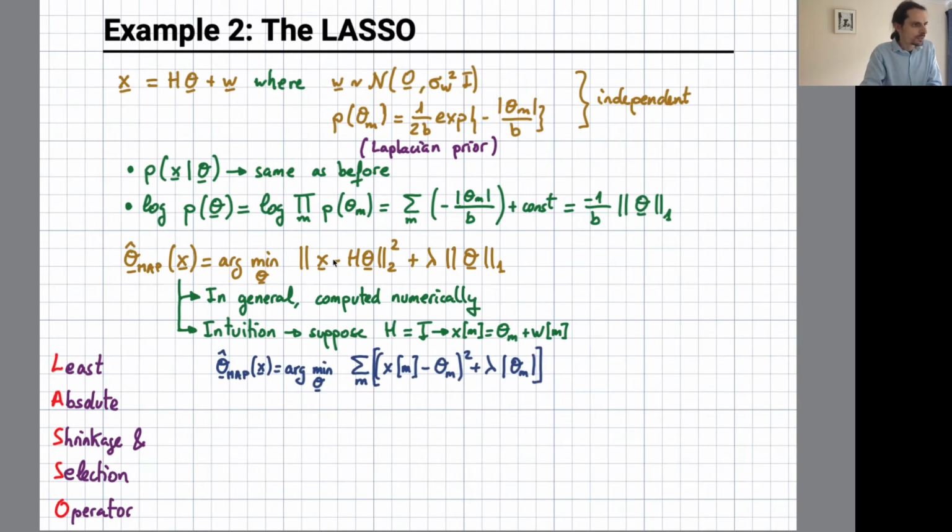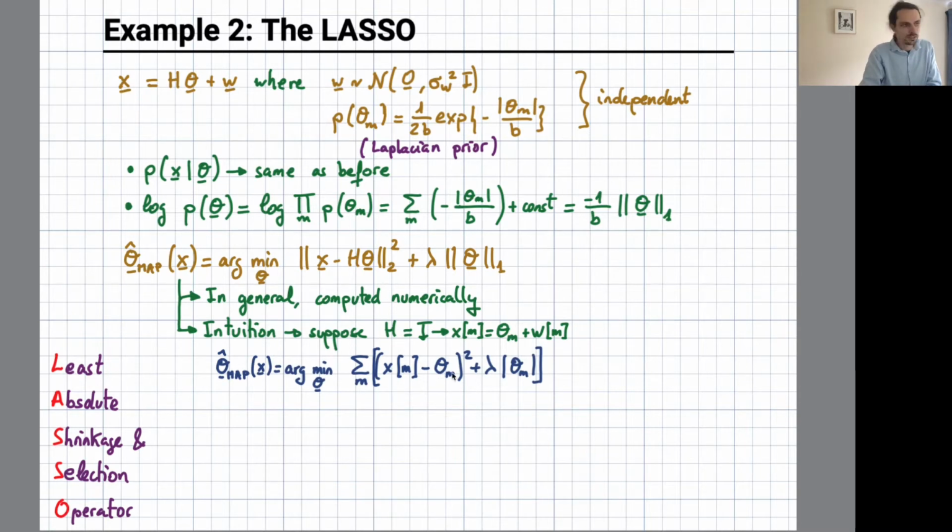If we just substitute it here and apply the definitions of these norms, this can be written in this way. Here we have the sum of functions, and each function only depends on one of the parameters.